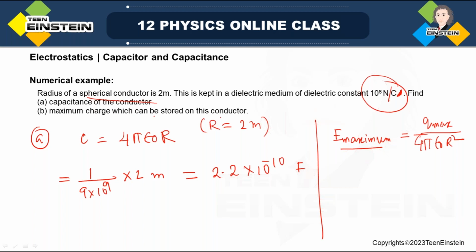So we need to find the capacitance of the conductor, which we have already found. What is the maximum charge that it can store?